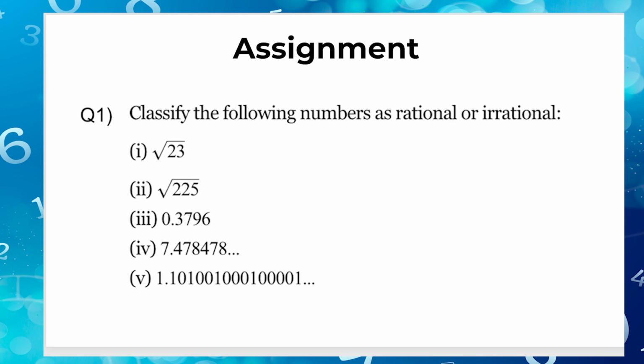First one is, classify the following numbers as rational or irrational. First one is root 23. Second one, root 225. Third one, 0.3796.